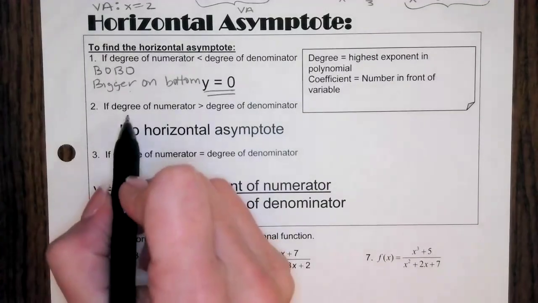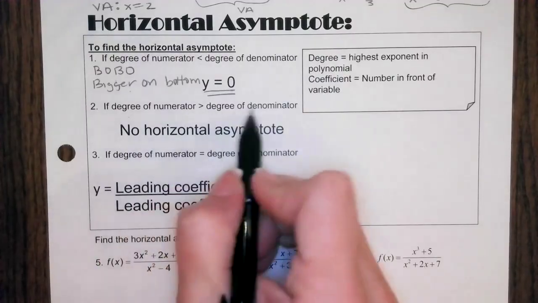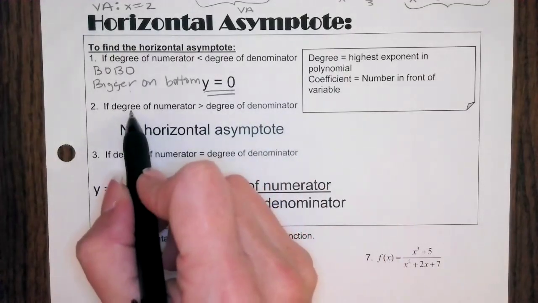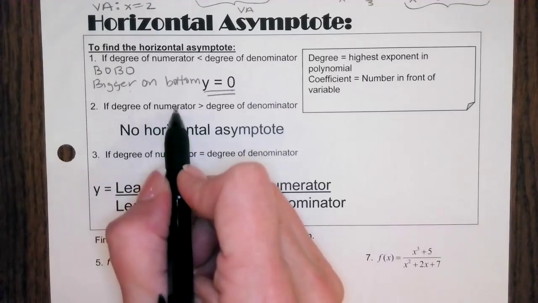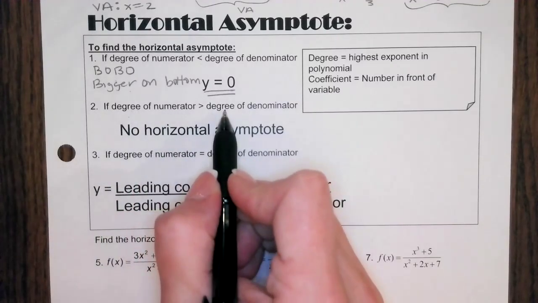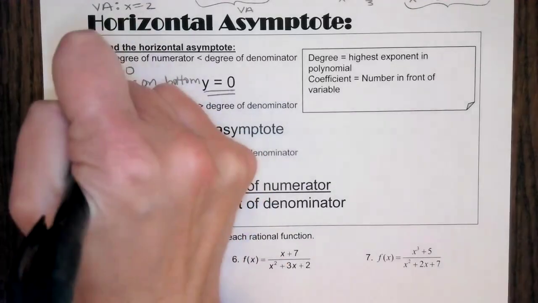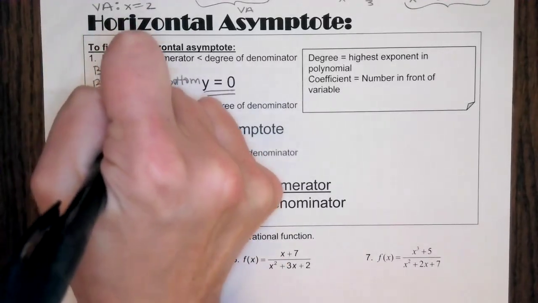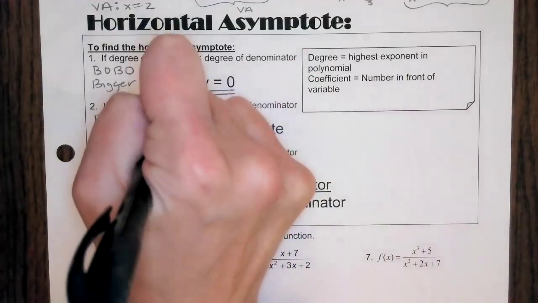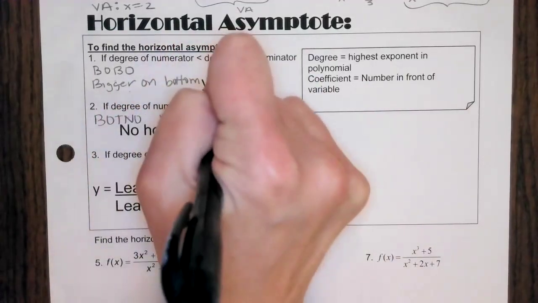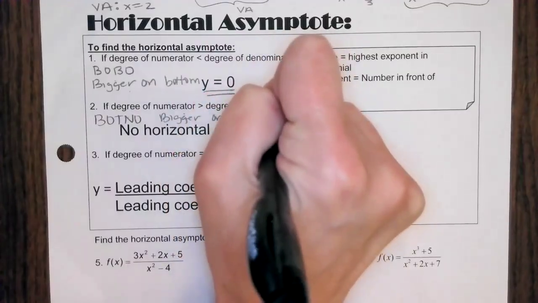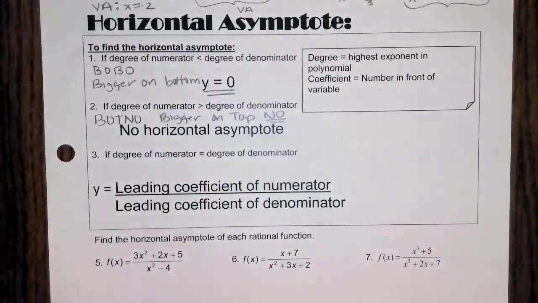All right, the next one tells us if the degree of the numerator is greater than the degree of the denominator. So if the highest exponent of the numerator is bigger than the highest exponent of the denominator, there is no horizontal asymptote. You'll hear me refer to that as BOTNO. Bigger on top, no horizontal asymptote. Okay?